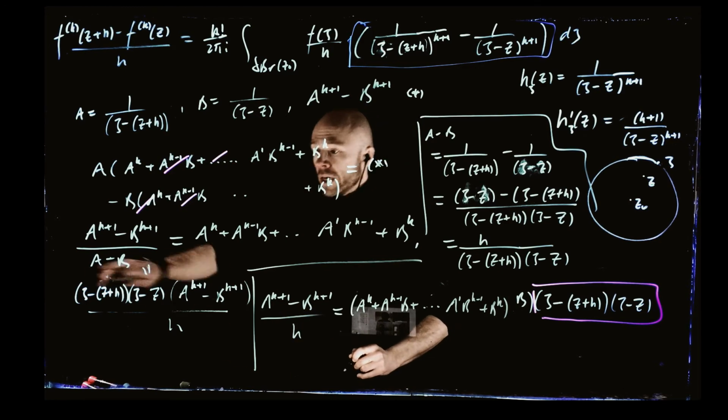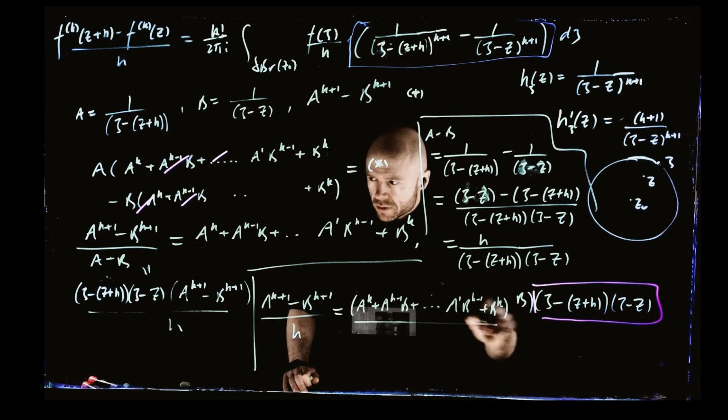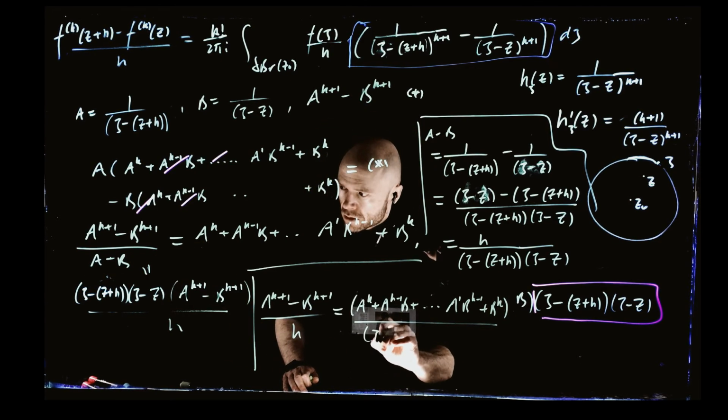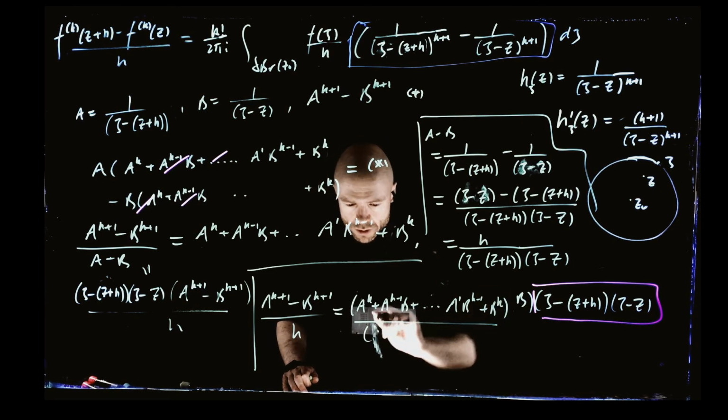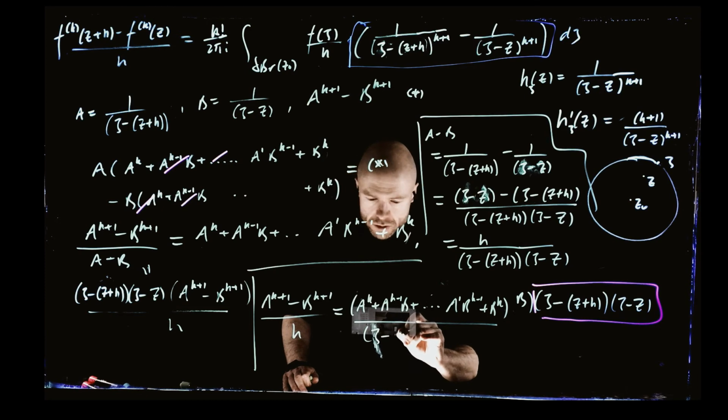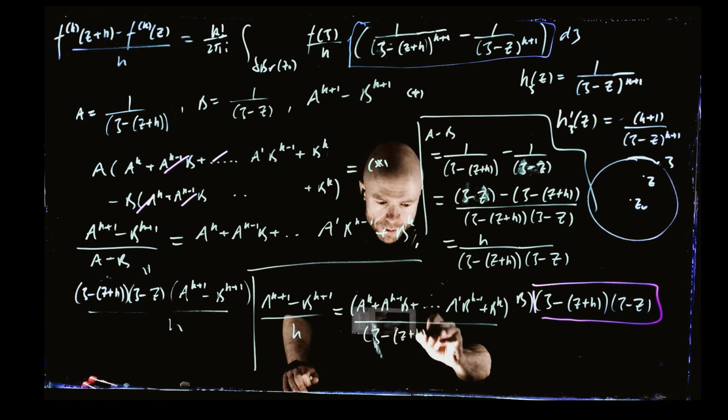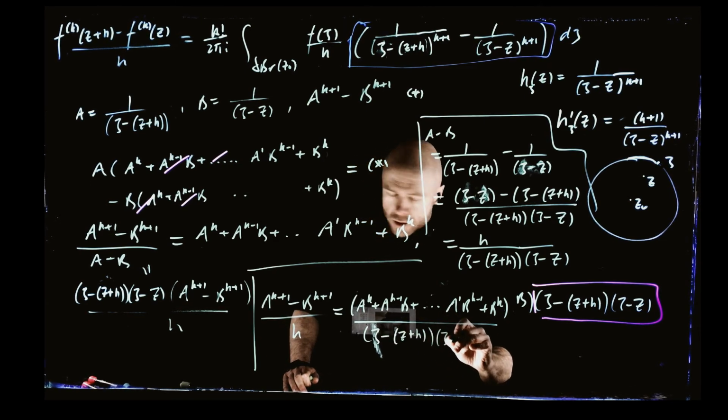And now we're dividing through by this other stuff, by zeta minus z plus h times zeta minus z.